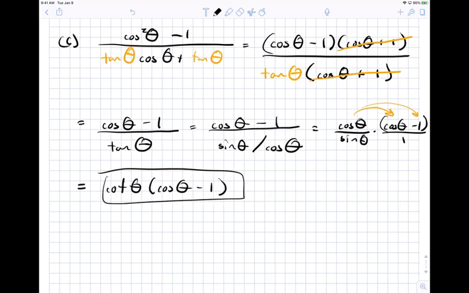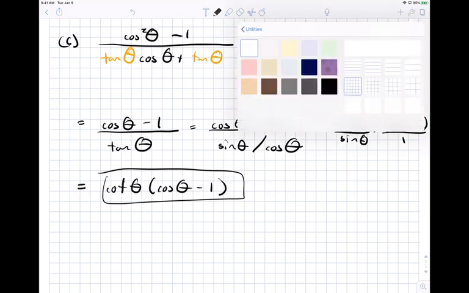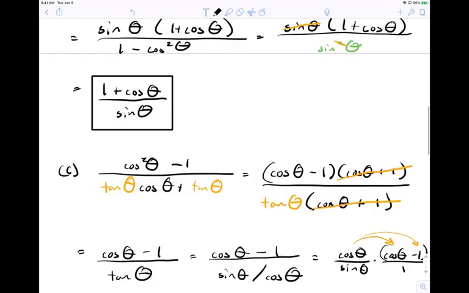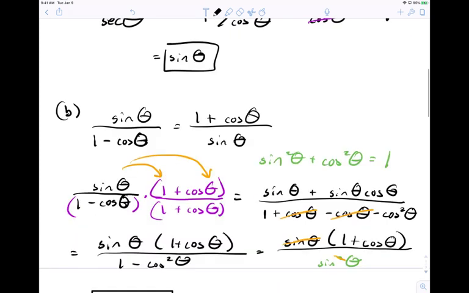So let's go back and look at the results of these and then see how we do. Okay. And let's just be consistent. I think I used this one.